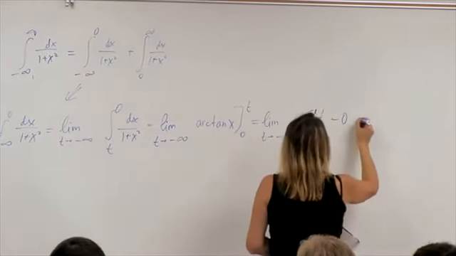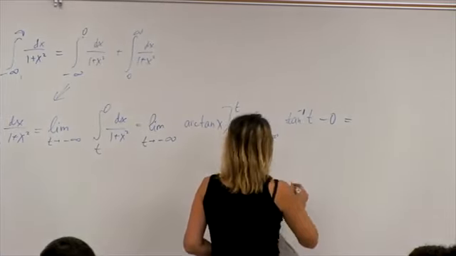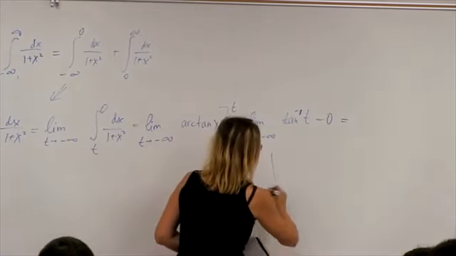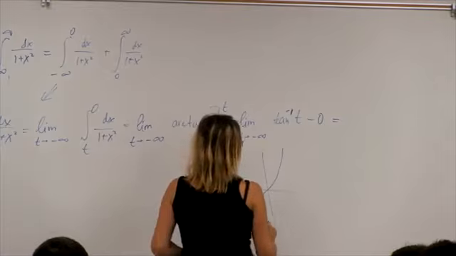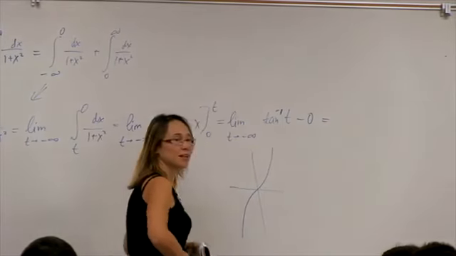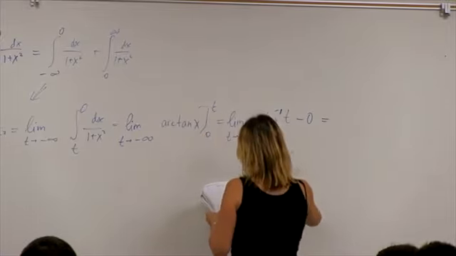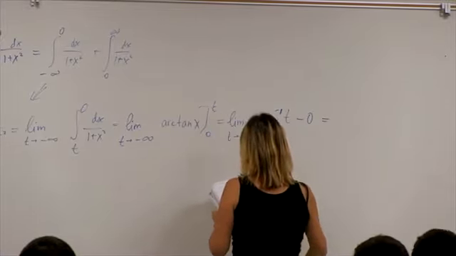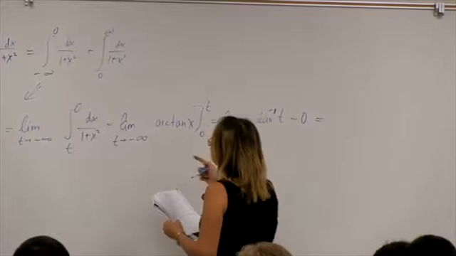So what's the limit? You have to recall the shape of tangent and then arctangent. In this case, when t goes to minus infinity, we have minus pi over 2.